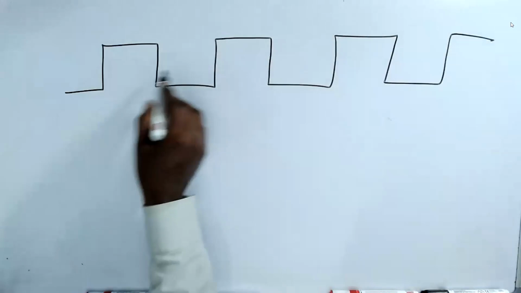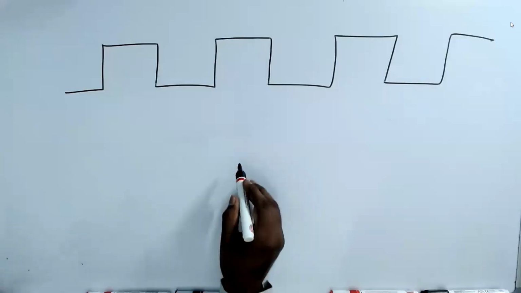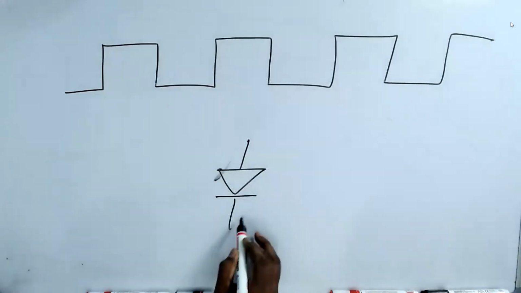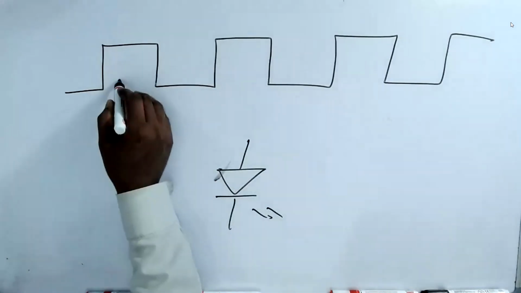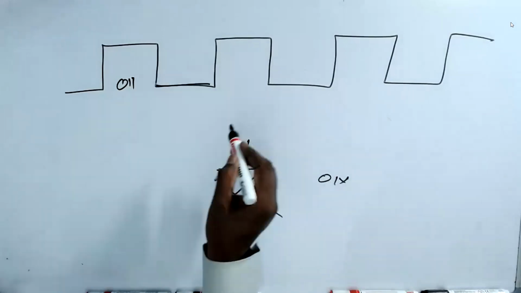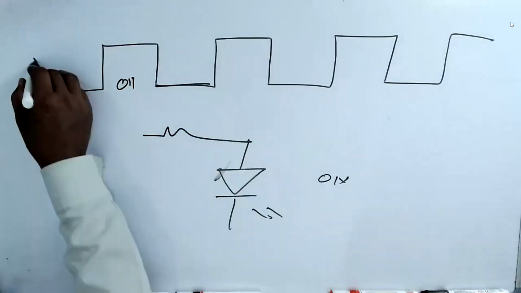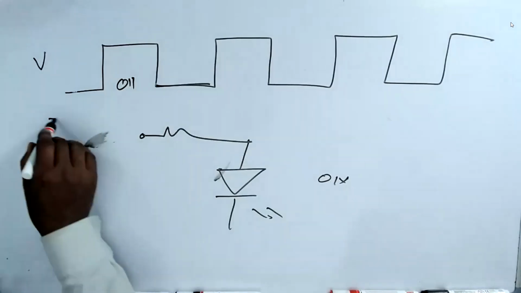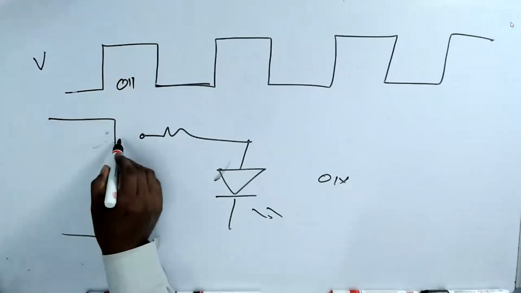When I make it on and off, when this is on, the LED will become on. When it is 0 volt, this is V. This is given by your microcontroller, that is your software, bit 0.